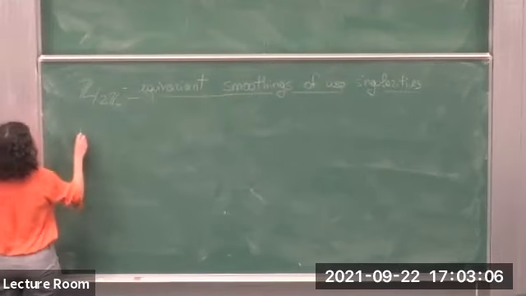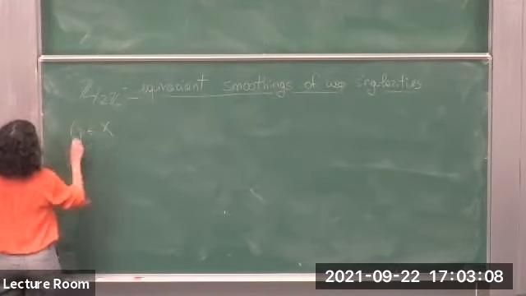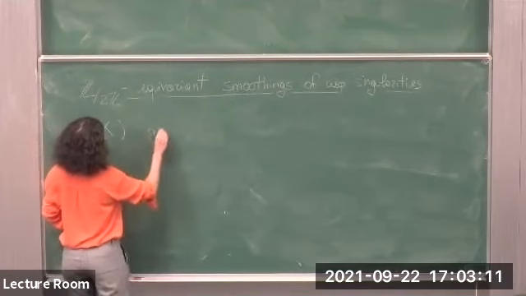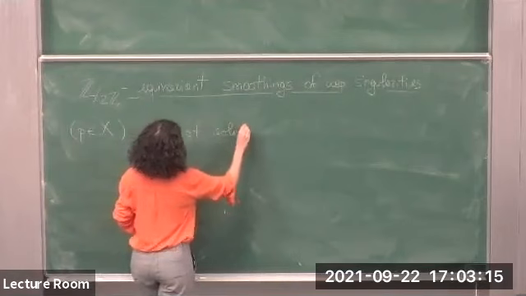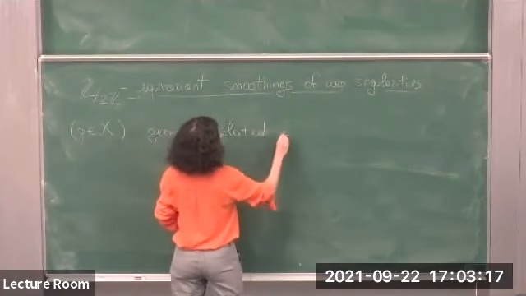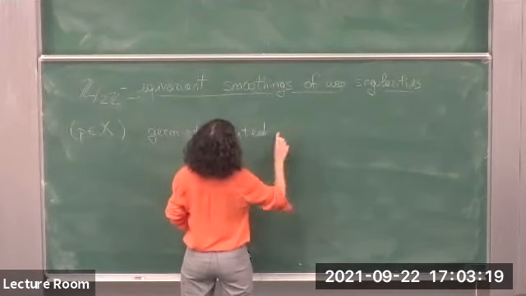Consider P in X, the germ of an isolated singularity surface.